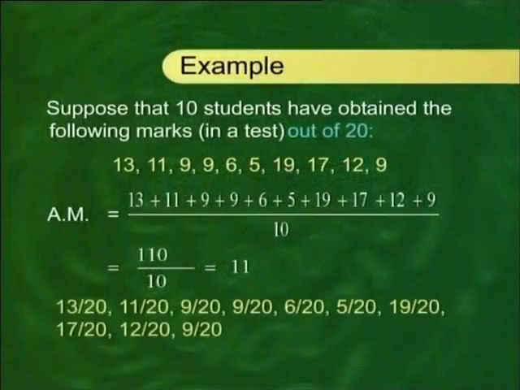But students, अगर आप गौर करें, तो मैंने आपसे ये कहा था कि ये सारे जो marks हैं, they were out of 20. अगर इस एंगल से हम इन 10 marks को देखें, तो आप realize करेंगे that we are dealing with 10 quantities of the form x per y. We have 13 over 20, 11 over 20, 9 over 20, and so on.